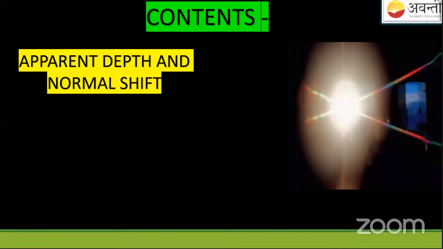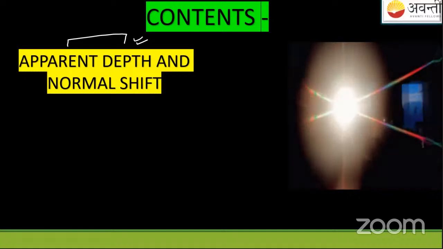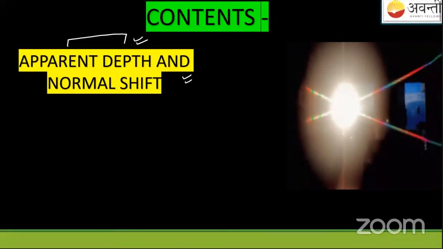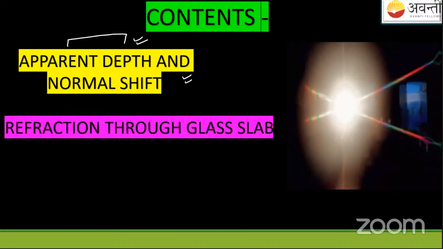Yesterday in class we understood apparent depth. What is known as apparent depth? We studied that. Then we talked something about the normal shift, but the time was up and that's why I ended the class. Today we'll see refraction through the glass slab. Then we'll solve some numericals.